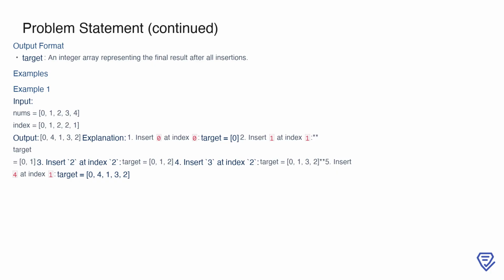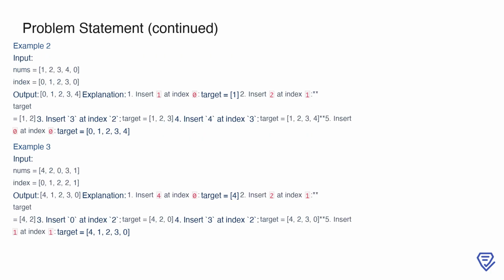Then, insert 2 at index 2, making the array 0, 1, 2. After that, insert 3 at index 2, shifting the existing elements to get 0, 1, 3, 2. Finally, insert 4 at index 1, which shifts the elements again to produce the final target array of 0, 4, 1, 3, 2. This step-by-step approach highlights how each insertion modifies the target array.